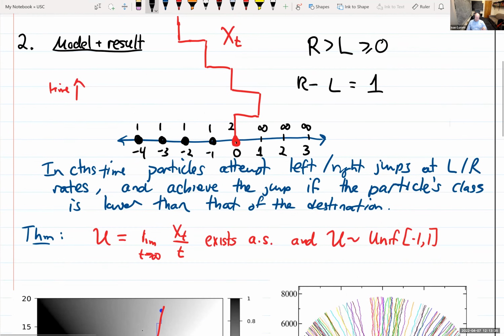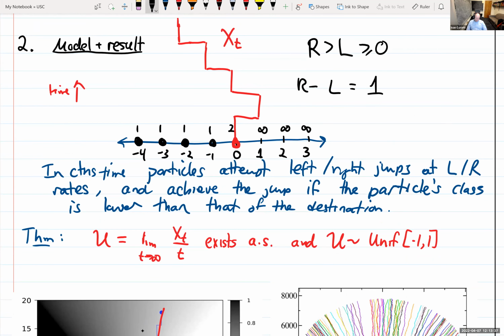If you think about it from the perspective of the second class particle in my original picture, everyone to the left is of a lower class. The second class particle, the particle that starts here, doesn't distinguish between all the particles that started to the left, and similarly doesn't distinguish between all the particles that started to the right.